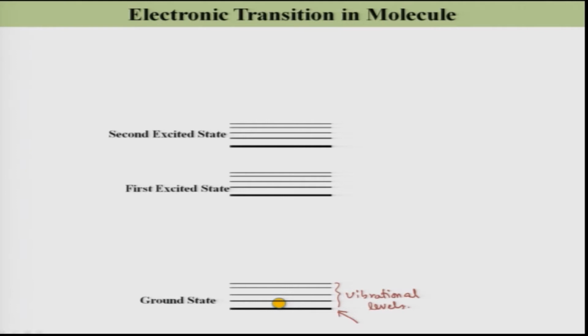According to the Boltzmann distribution, at room temperature the molecule is in the lowest electronic level as well as the lowest vibrational level of that electronic level. So, the molecule will sit over here, as shown by this yellow ball.